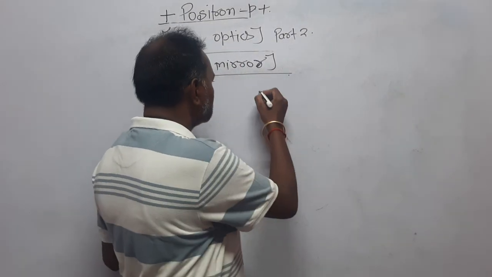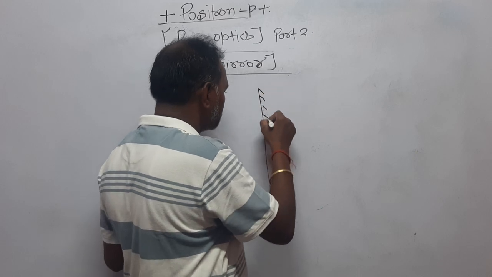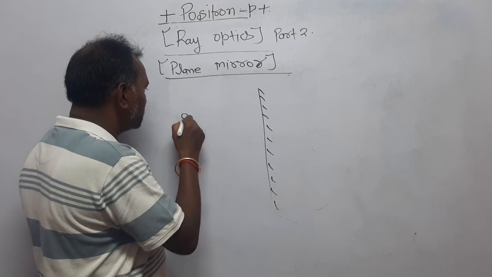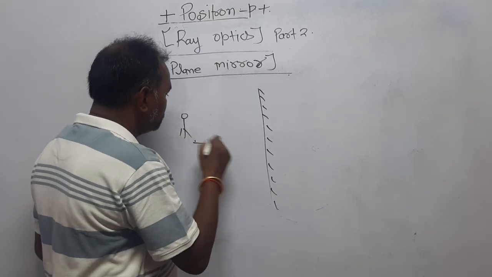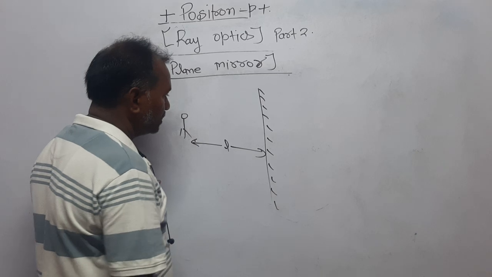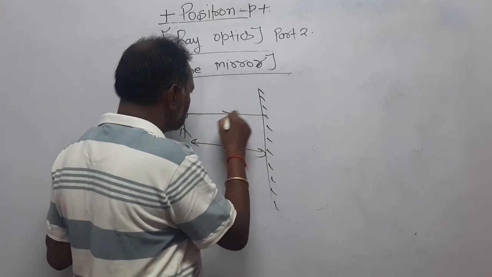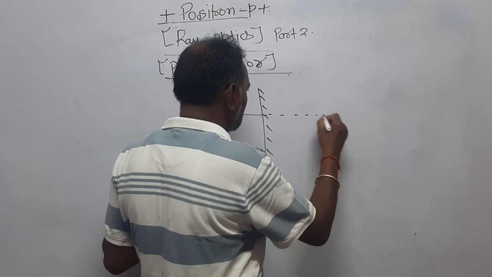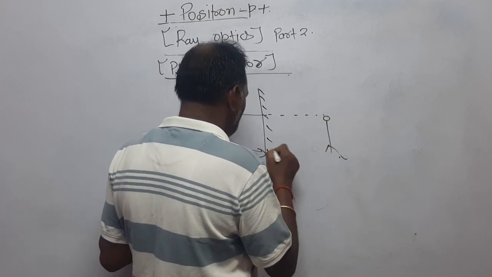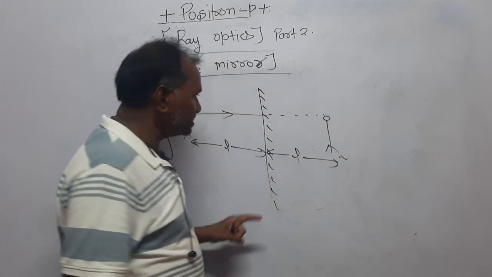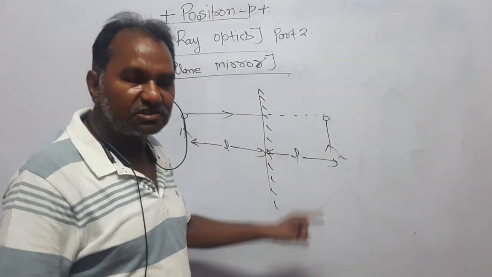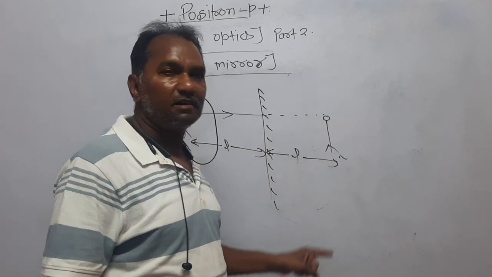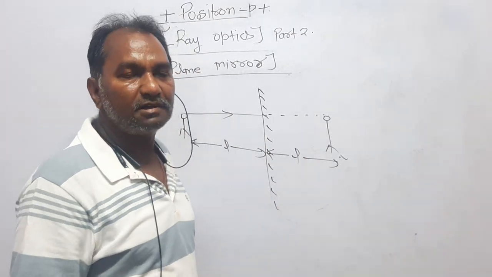Dear students, this is a plane mirror, right? Let you are standing here. If you are at a distance small L away from the mirror, then just take a ray like this. Your image will be made at a distance away from the mirror such that whatever is your distance from the mirror, your image will be made at the same distance behind the mirror.